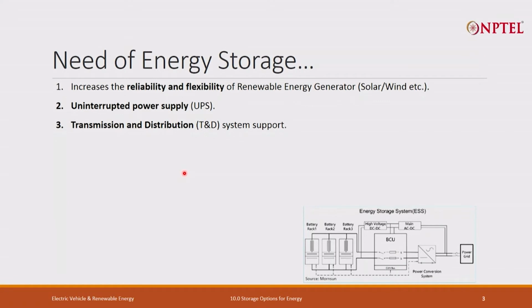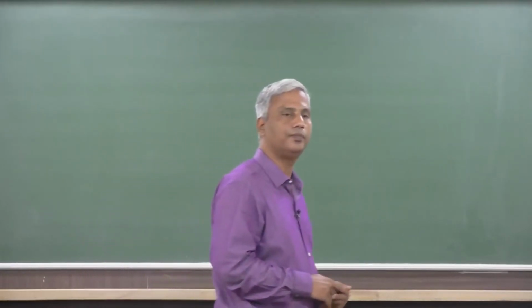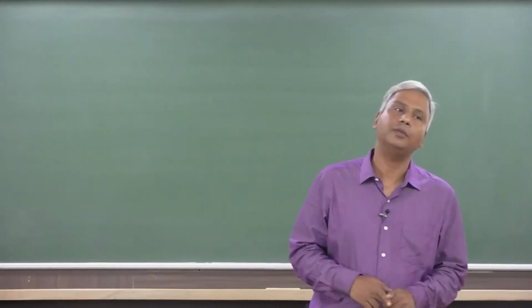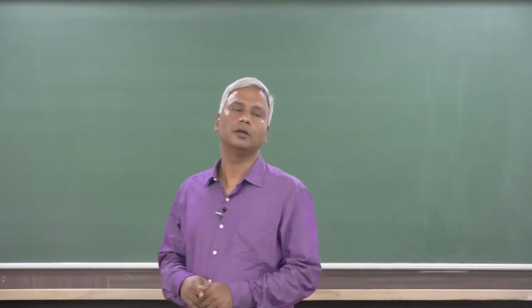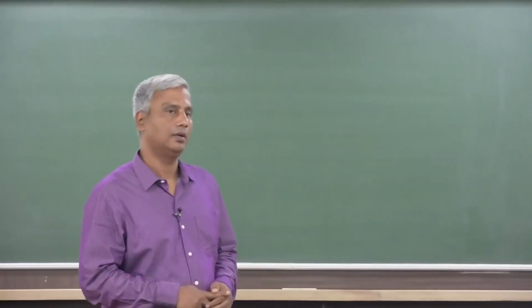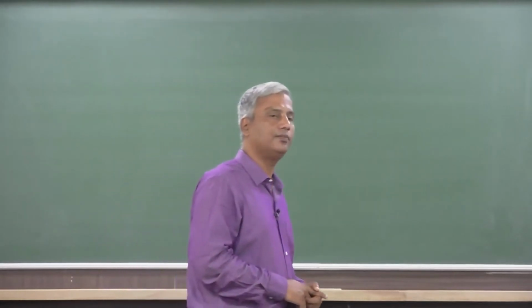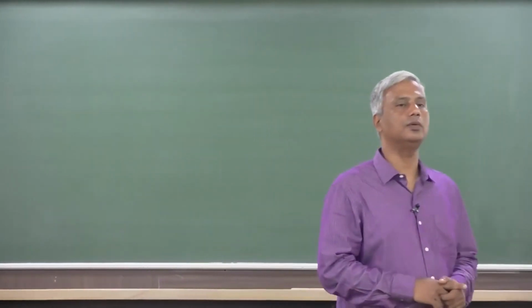Transmission and distribution. Now several times what happens, a thermal power plant which is running in Korba in UP, MP, might be now in Chhattisgarh, is producing 1000 megawatt, but at that place the utilization is only 200 megawatt.